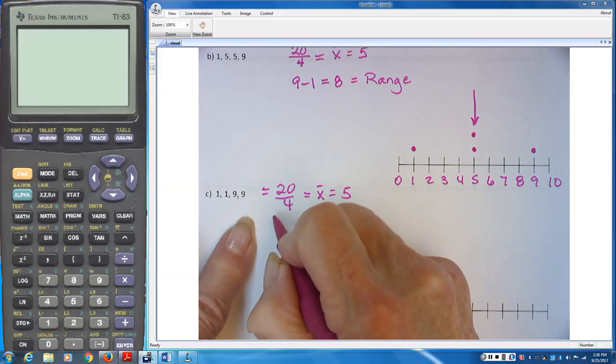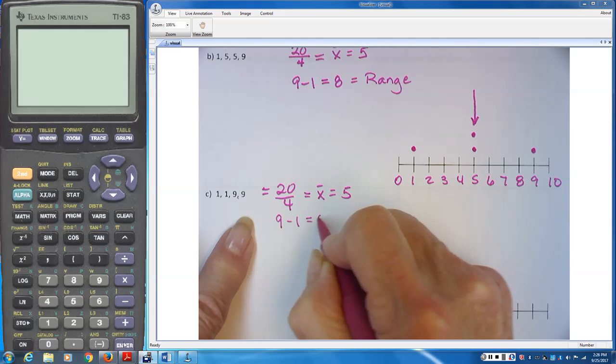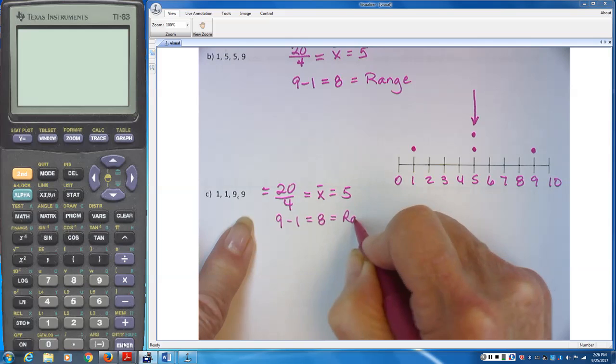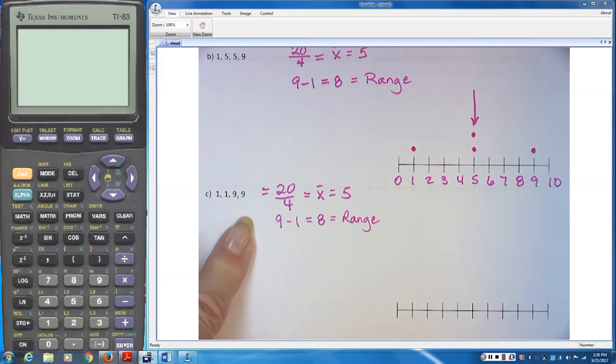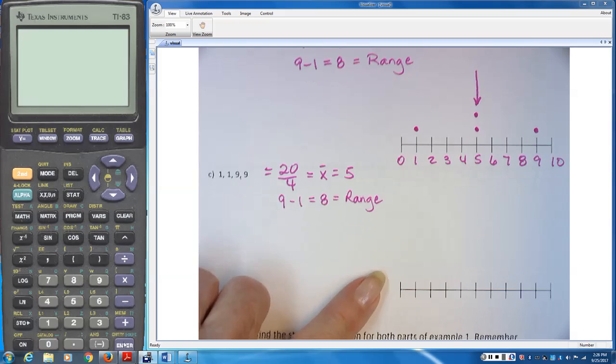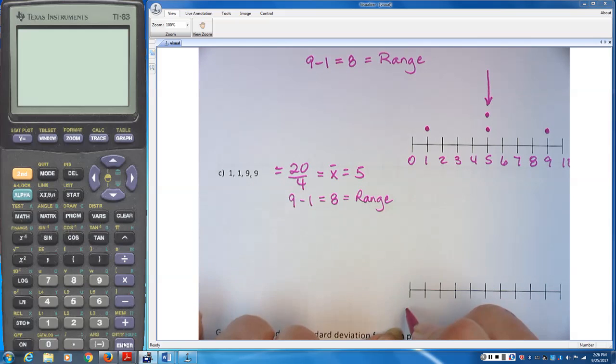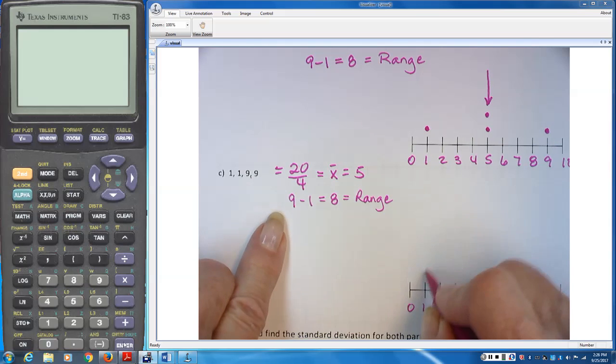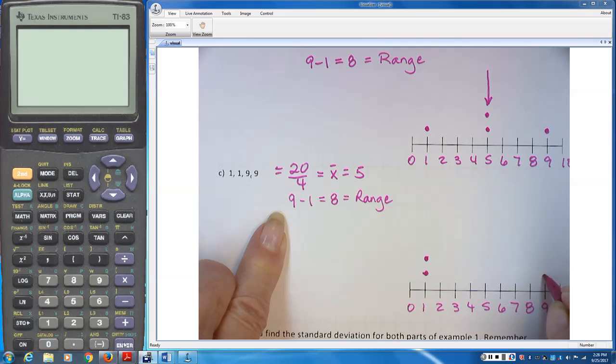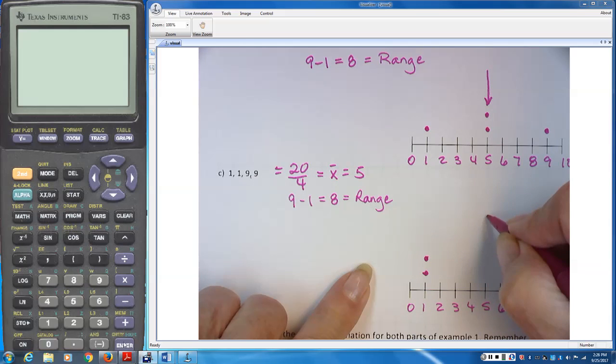And the range is still 8. But here's what our data set looks like. I've got 2 1s, and then I've got 2 9s. But the mean is still 5.